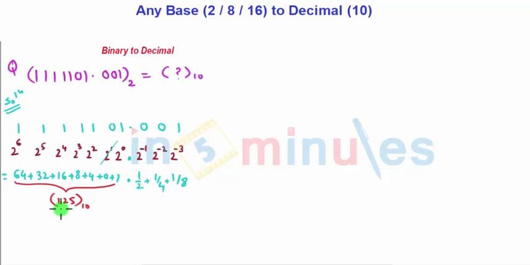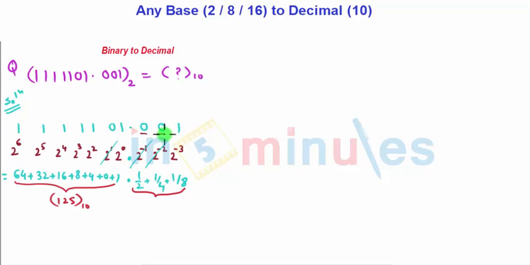So this is the conversion of the integer part. For the fraction, 1 by 2 is 0.5, 1 by 4 is 0.25 and 1 by 8 is 0.125. If you add these together you get 0.875, but that is wrong, because I have not cancelled these powers of 2. Let me cancel them, because zeros are present here.